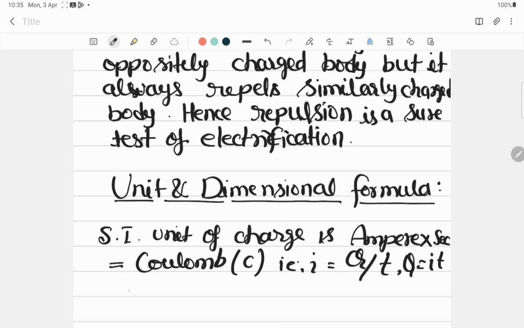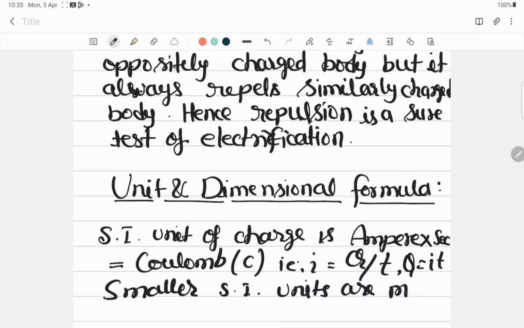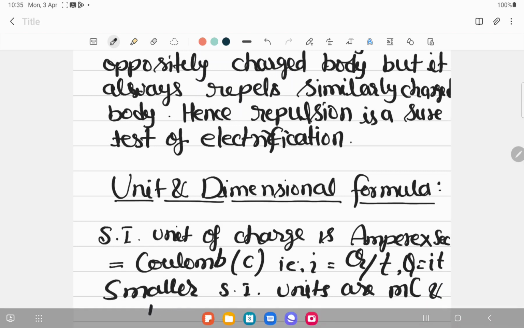And also smaller SI units are millicoulomb, means small m C, and microcoulomb.